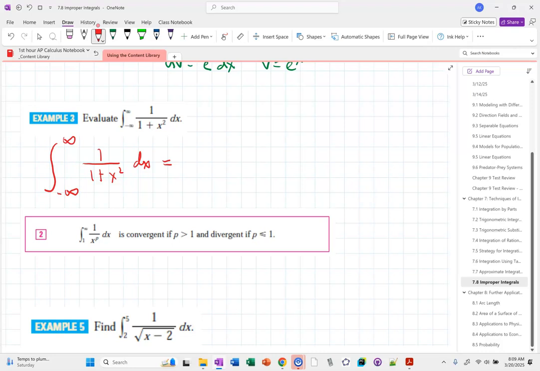So what I'm going to do is break it into two separate integrals. And it doesn't matter what the constant is that I use to break it into two separate integrals. But 0 is an awfully nice number to be plugging in. That seems like a good choice to me.